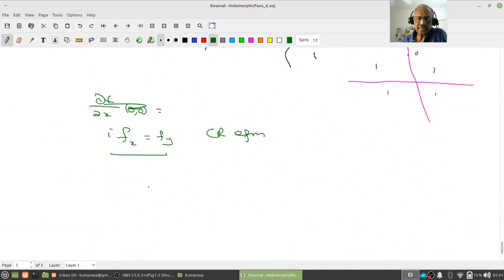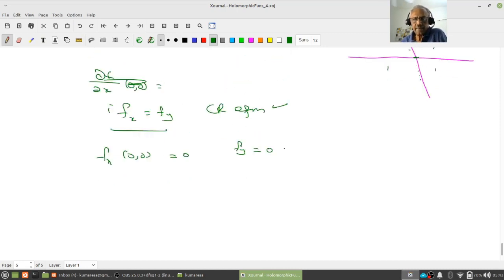Therefore at the origin, fx at origin, I only go through real variables. If I go through real variables, it's 0. And similarly fy, I go through only imaginary values, and that's again constant 0. Therefore Cauchy Riemann equation is satisfied.